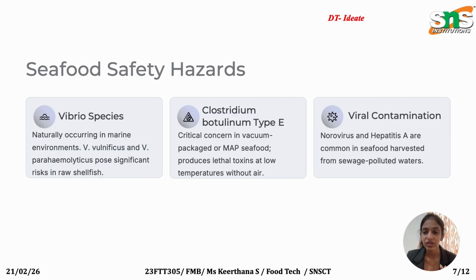In vacuum-packed seafoods, Clostridium botulinum becomes a major concern because it produces a deadly neurotoxin under low oxygen conditions. Additionally, viruses like norovirus and hepatitis A virus can enter the seafood through sewage and contaminated waters. So seafood safety begins even before harvesting.